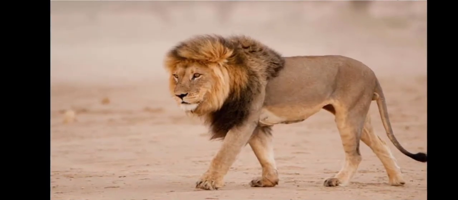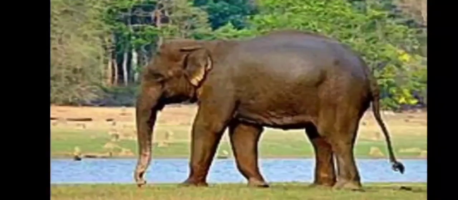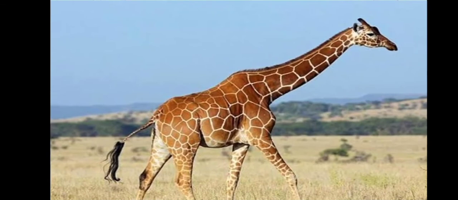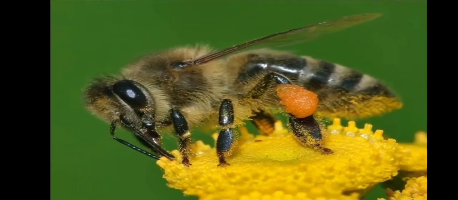Lion is known as the king of jungle. And do you know which is the largest land animal? Yes, it is elephant. And which is the tallest land animal? Yes, it is giraffe. Let's learn some other uses of animals.